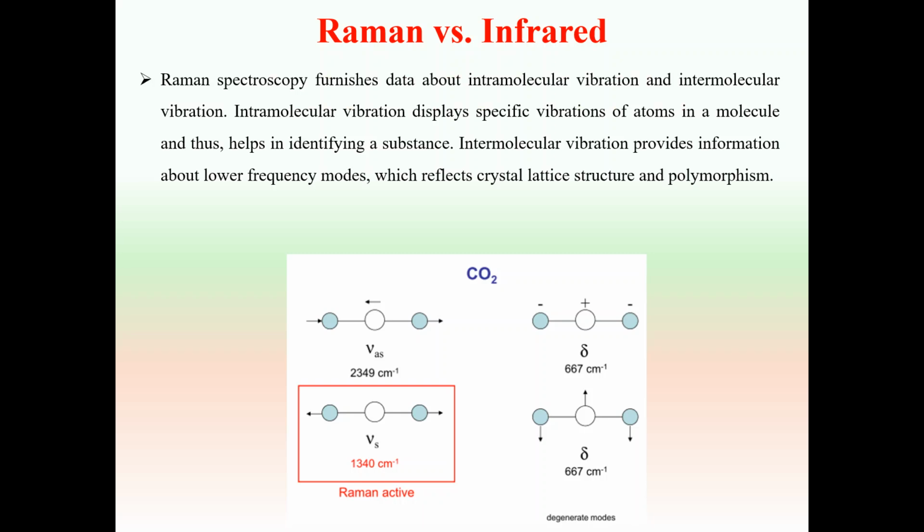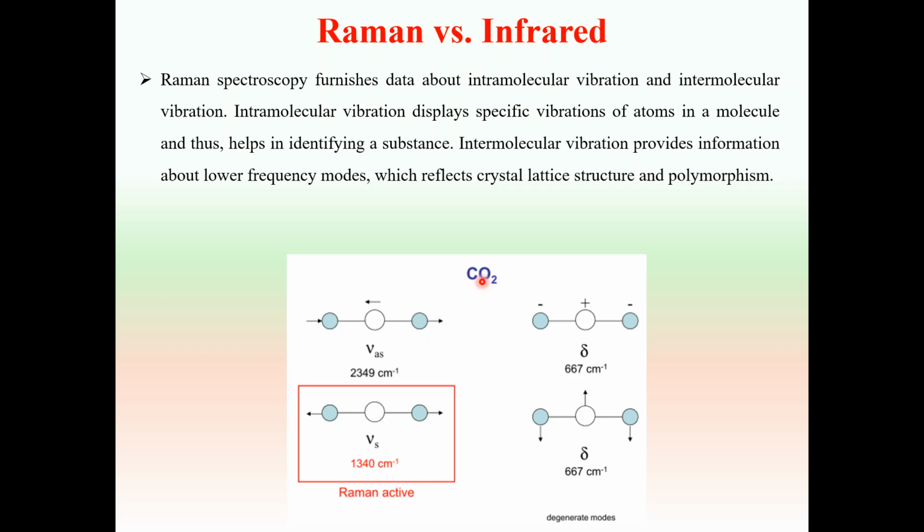Raman spectroscopy furnishes data about intramolecular vibrations and intermolecular vibrations. I mean, here you can see, you can differentiate for yourself. And here we have taken the case of carbon dioxide.